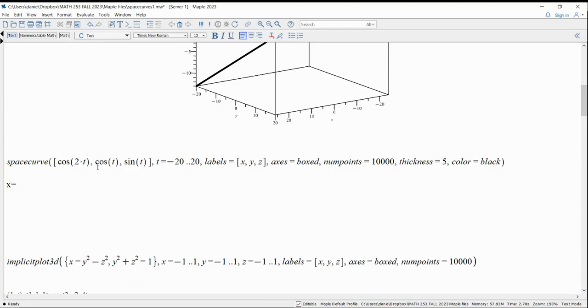So we have x equals cosine of 2t. Now, if you remember a trigonometric formula, this is the same as cosine squared of t minus sine squared of t.